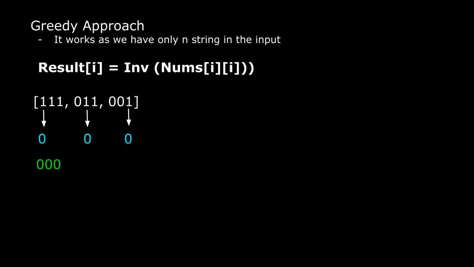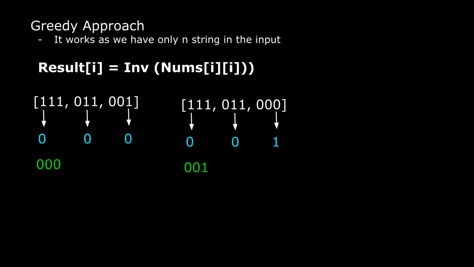So here for this one, we get 000. If you see, 000 is not in the given array, so that's the result. Okay, so let's change the next example.